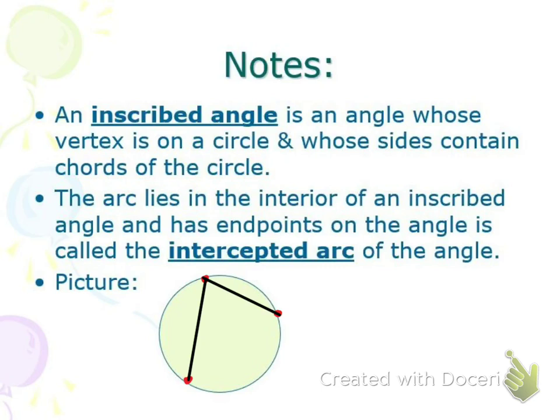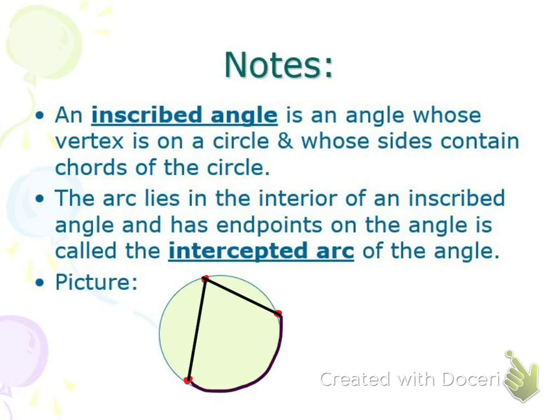The arc lies in the interior of an inscribed angle. So that means it's the arc that connects the two endpoints that did not make a chord. So I'll highlight that in a different color. This is the arc that we're then talking about. It has endpoints on the angle, and it is called the intercepted arc of the circle.